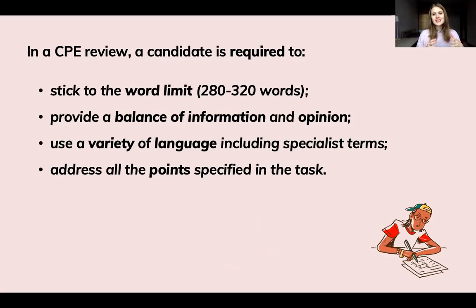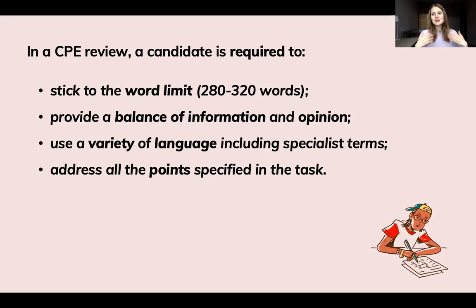When it comes to a CPE review in particular, a candidate is required to do several things. You see them now. The first one is the person has to stick to the word limit. Second, a person should provide a balance of information and opinion. That's essential. Third, use a variety of language, including specialist terms.